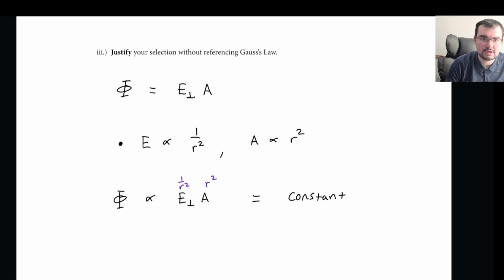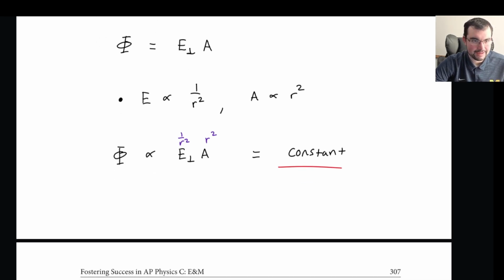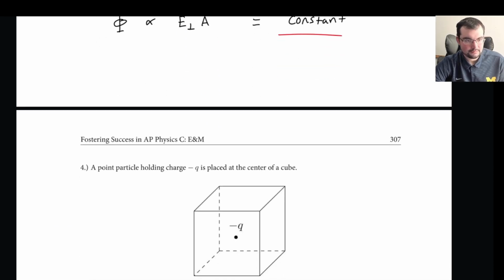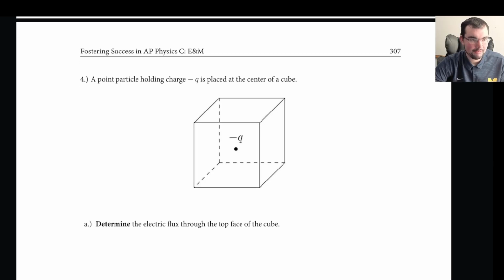And this works for the sphere specifically, but again, a similar argument can be constructed for any other shape. But the sphere works really nice for this case. Because again, we know the field falls off via the inverse square law, and the area increases quadratically because of the r squared in the area formula, the 4 pi r squared.